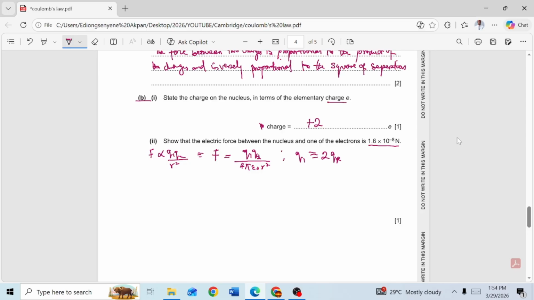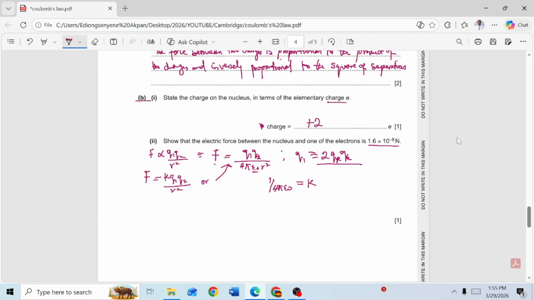This will give us 2 of the proton charge and the charge of the electron divided by, in the equation, it's important for you to know that you can use this, and having known that 1 over 4 pi epsilon naught is k, we can state it as F equals k Q1 Q2 over r squared, or we state it as this. Any of the two that you are comfortable with, you can use.